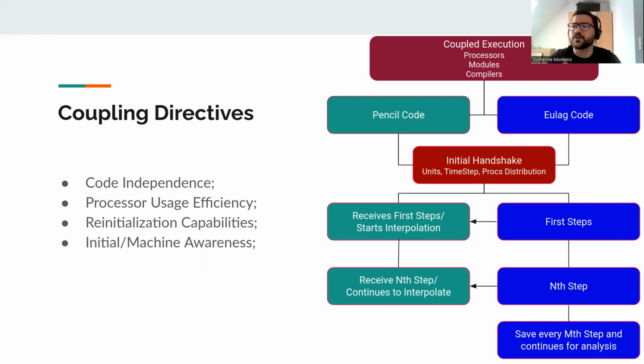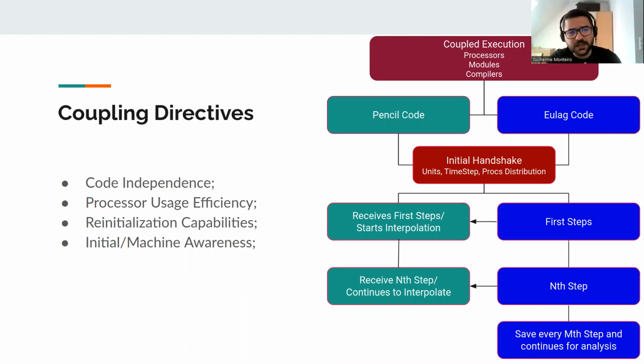Later on, it will receive more data of the system evolved a little bit more and continue this interpolation. Meanwhile, EULAG will simply do as it should, and once in a while send some data to Pencil, and that was it.